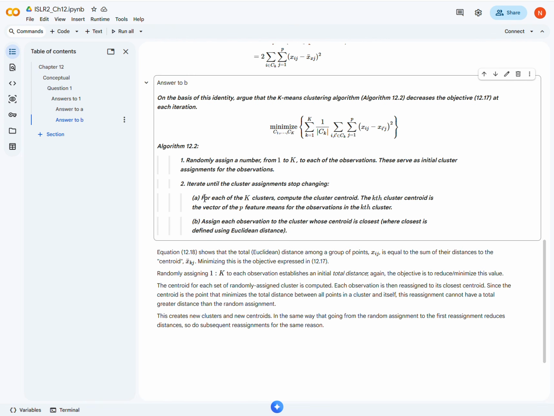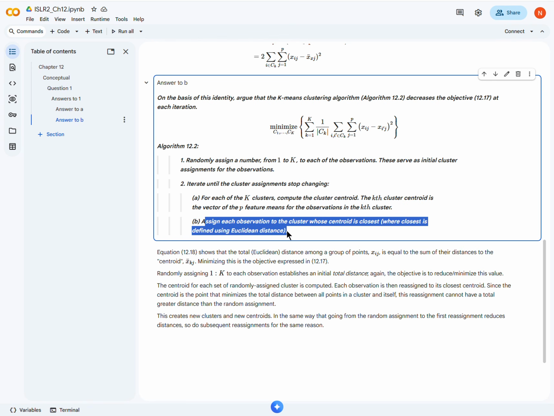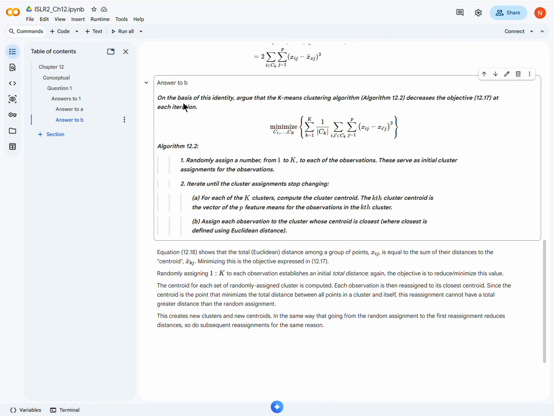So we've newly assigned our clusters, and now we find again the centroid and reassign once again each data point to its closest centroid. Okay, so we need to think our way through that algorithm and show that it decreases the objective function, this guy, at each step, at each iteration.